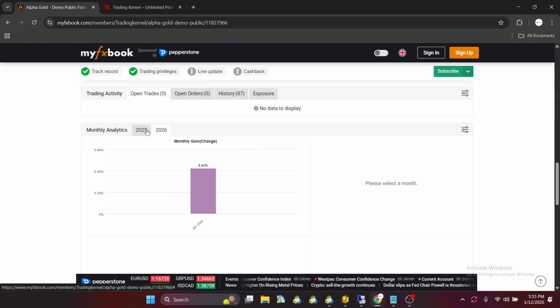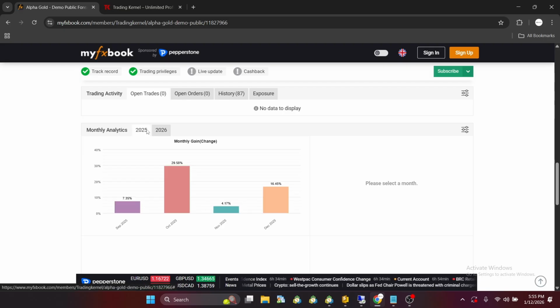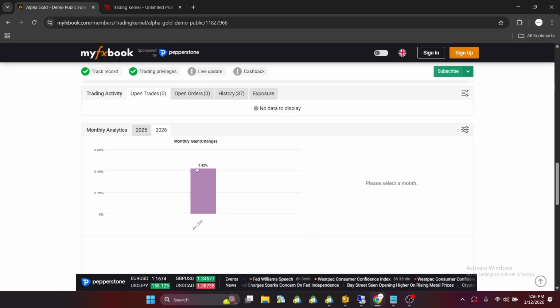So that's to tell you how consistent this expert advisor has been, we've had about 87 trades. And in months where we have uptrends, we really make money. So for example, in this case, 29% in October, 16% in December. And in months where we have those temporary downtrends, we don't lose money, right? So 4.17% in November and 7% in December, and hopefully in January as well.